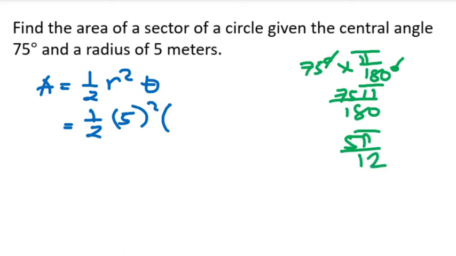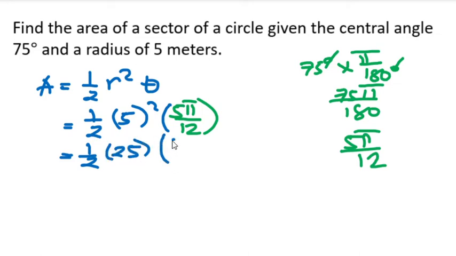So, yun ang ilalagay natin dito: 5 pi over 12. And then, solve na natin ngayon. So, we have now 1 half, 5 squared is 25, times 5 pi over 12.